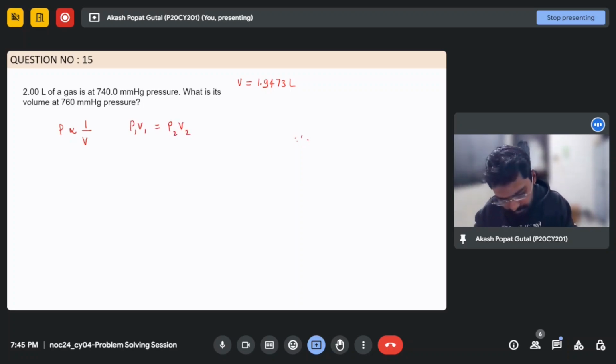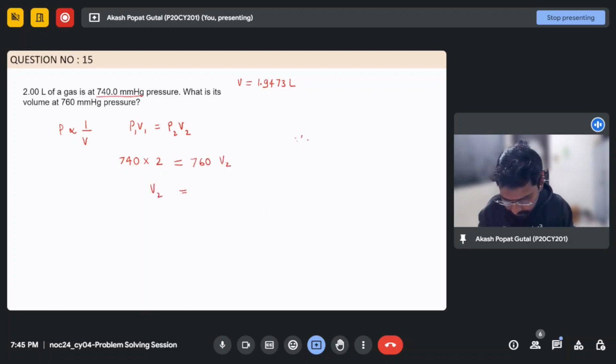Given P1 is 740 mm of Hg, V1 is 2 liters, and P2 is 760 mm of Hg, we need to find V2.